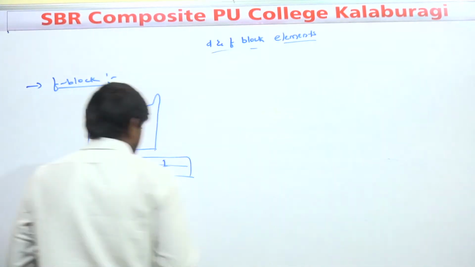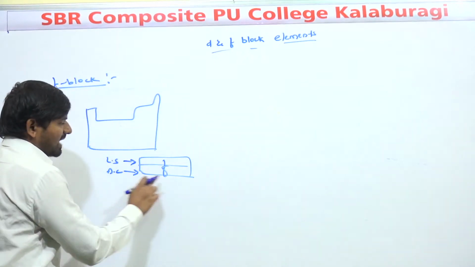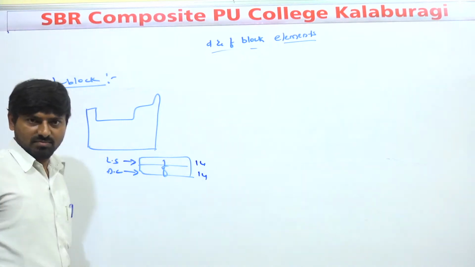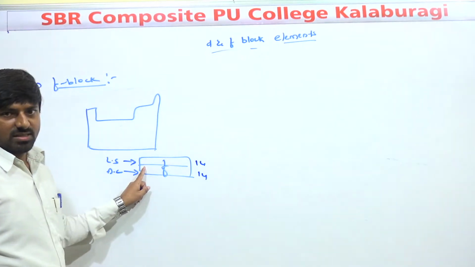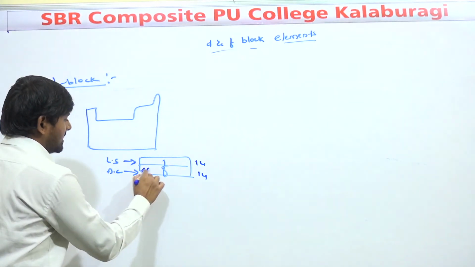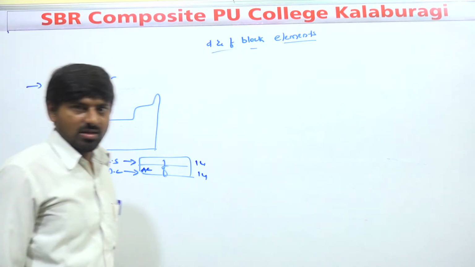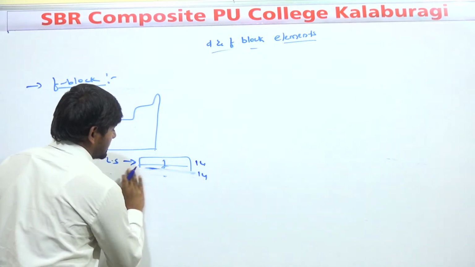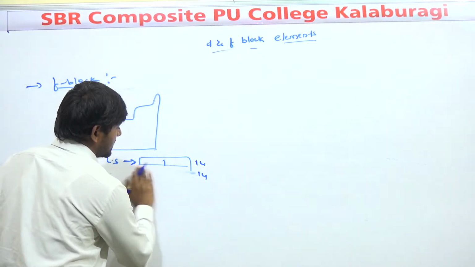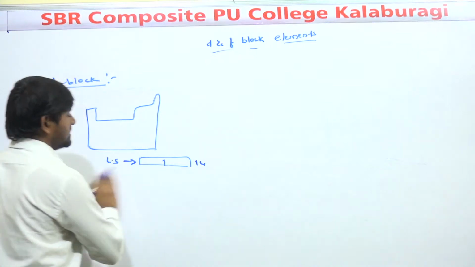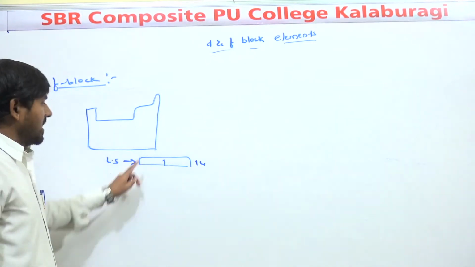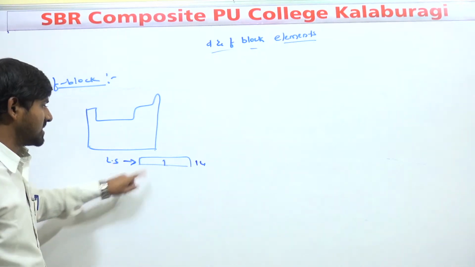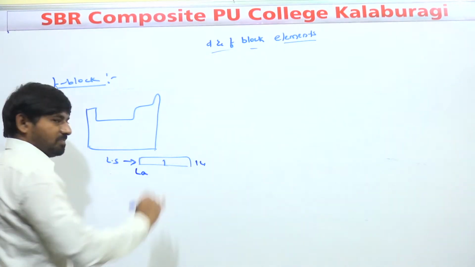Right. Now, even the actinide series has 14 elements, and the series starts from actinium. Now, let us not bother about the actinide series. Today, let us discuss only the lanthanide series. In the lanthanide series, in total, we have 14 elements, and the series starts from lanthanum.